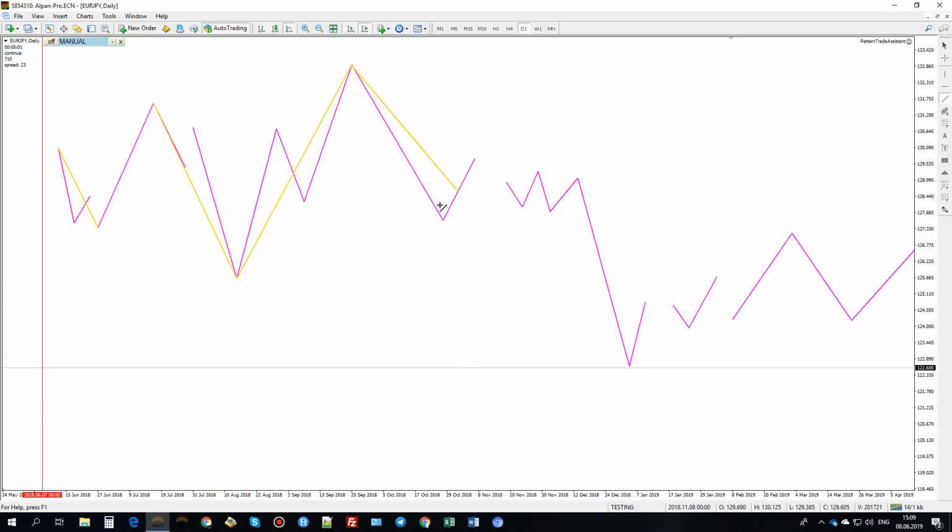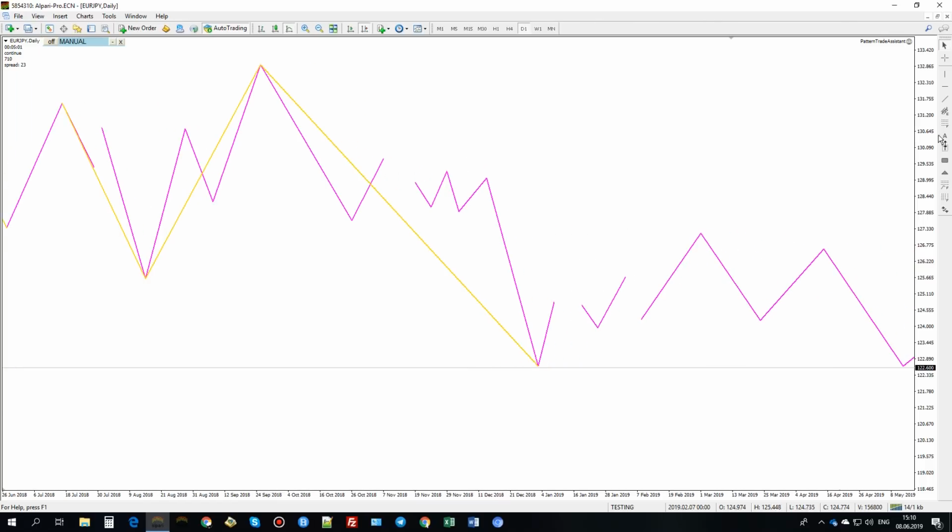Okay, we started a downside movement, then we have a high, which is a lower high, then we have another lower high, and all the way down, because we never had a higher high. That's why all this combination is one zigzag. And the same here.